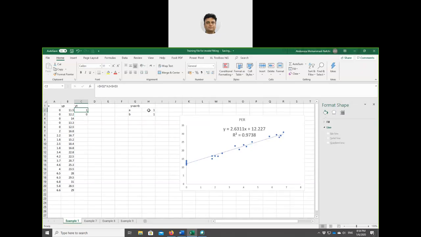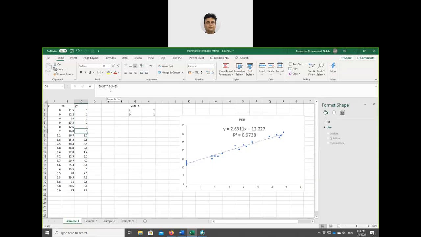H2 and H3 are our constants. So when I copy this one and paste all of this data, if you see here, when I go down, only the row is changing. H2 and H3 are fixed.